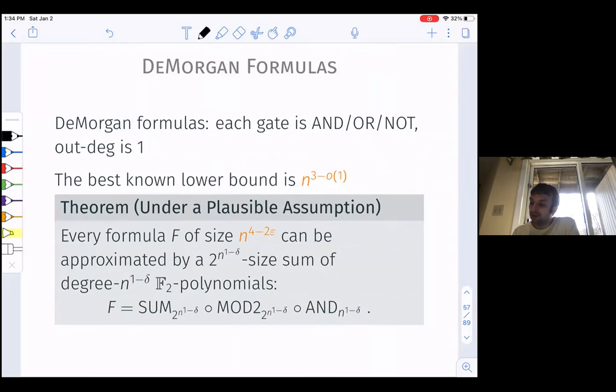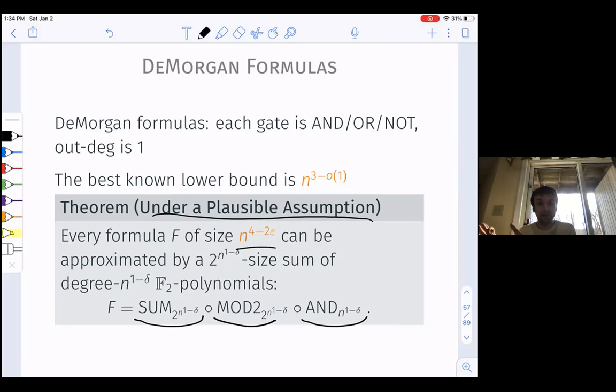So we say that, first of all, under a conjecture, I will explain what this conjecture is in a minute. Under some conjecture, every De Morgan formula of size almost n to the 4th can be approximated by a real sum of sub-exponential size of F2 polynomials of sublinear degree, that is, parities, mod 2s, of n's of sublinear degree.